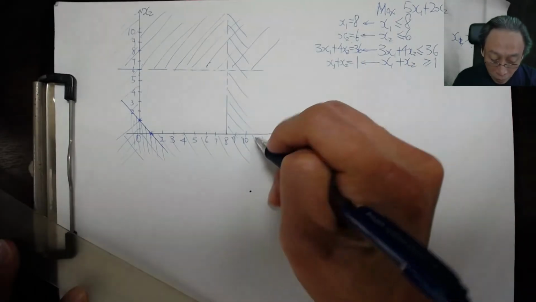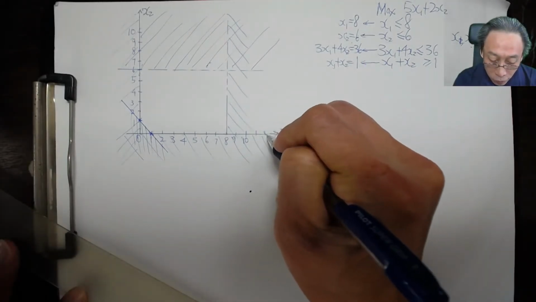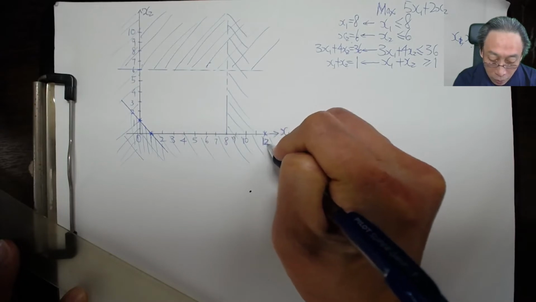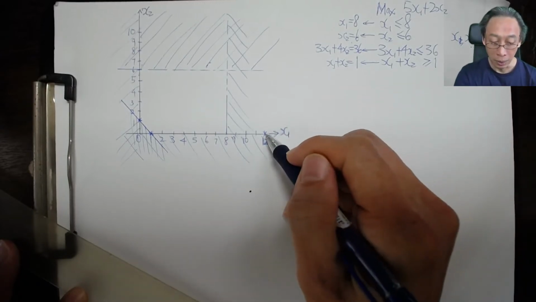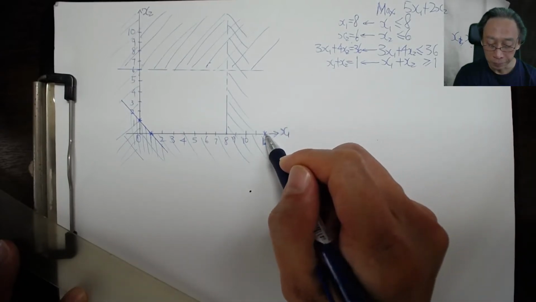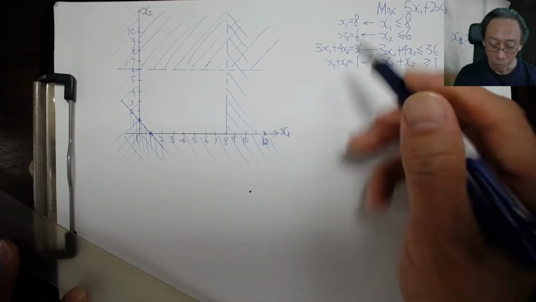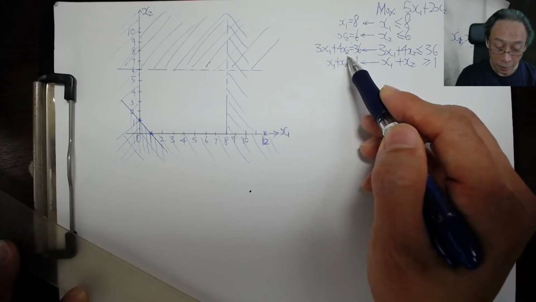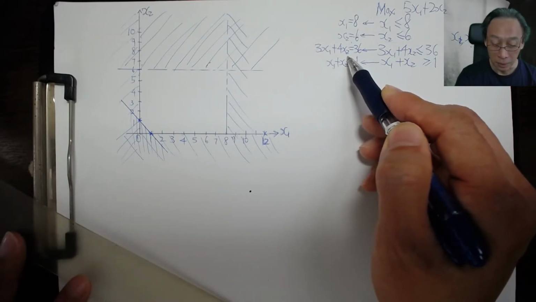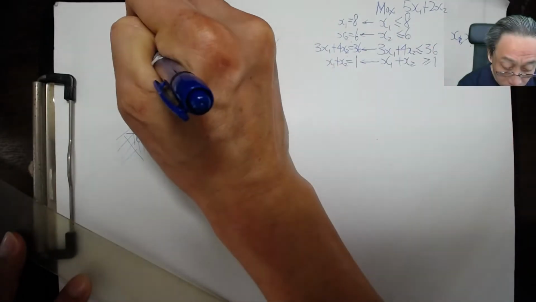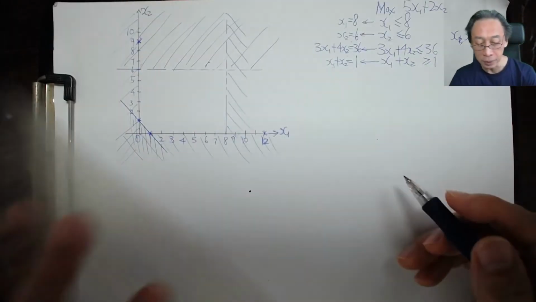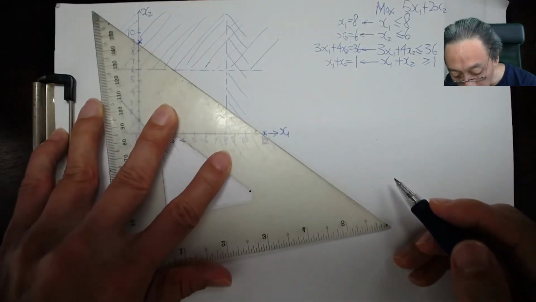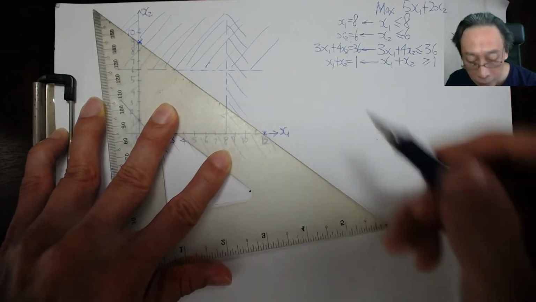So that means we have 12 over here. All right, x2 is 0, x1 is 12. When x1 is 0, x2 is 9. 36 divided by 4. So we have now 2 points, and we can feel free to join them up like this.